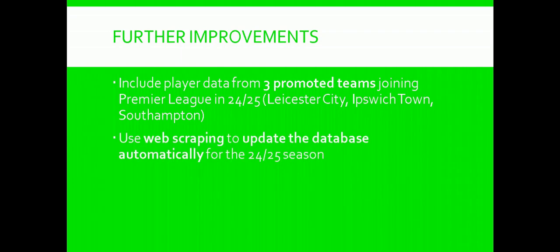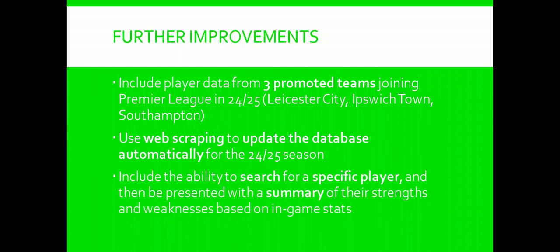Another improvement would be to use web scraping to automatically update the database for the 2024-25 season. Currently, the database only contains data for 2023-24. We could use web scraping to make this process entirely automatic so that year on year we just get more and more data and can create more and more inferences for the next season.